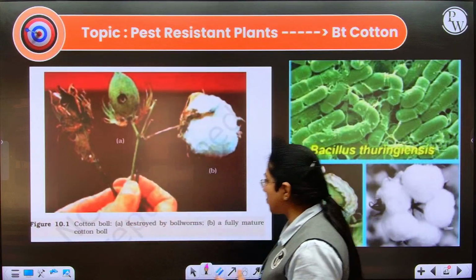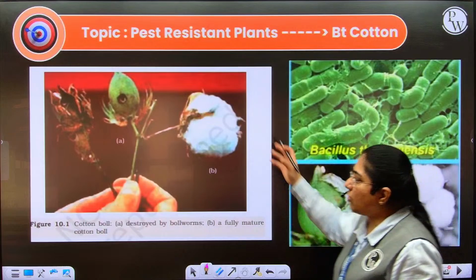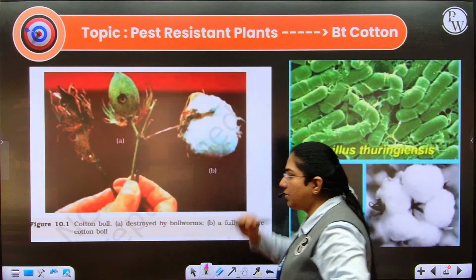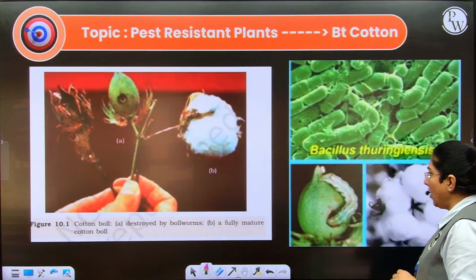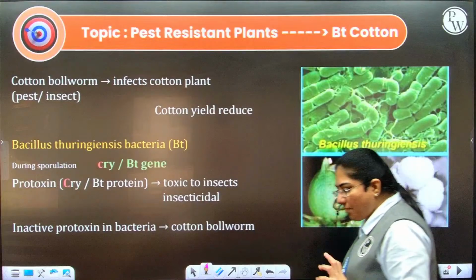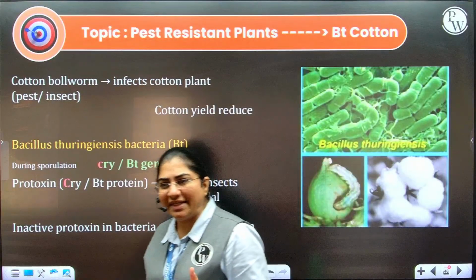This bollworm could cause damage to the crop and thereby reduce its yield. Earlier, they found out that there was a particular part of the crop which was not eaten by the bollworm.